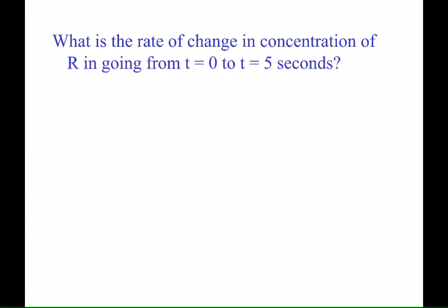So again, go back to that data, our reactant going to form product, at 5-second intervals. If you look at the first interval, the change in the molar concentration of the reactant would be R2, 0.121, minus R1, which is 0.200.